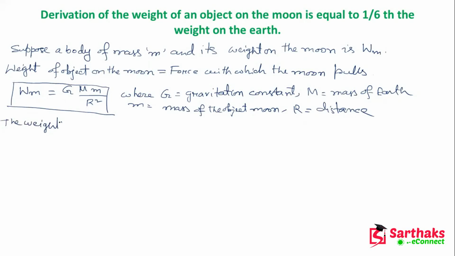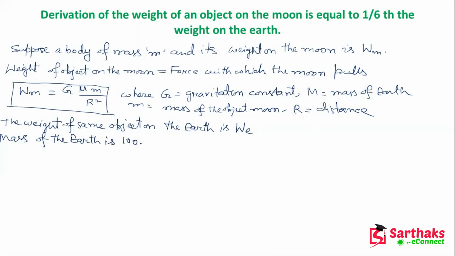So the weight of the same object on the earth is WE. The mass of the earth is 100 times that of the moon.